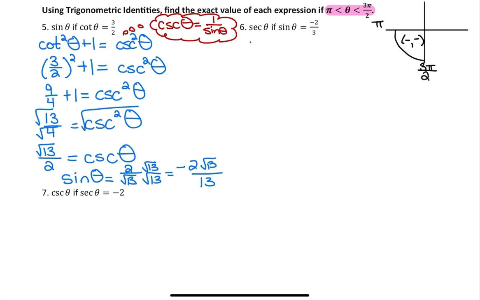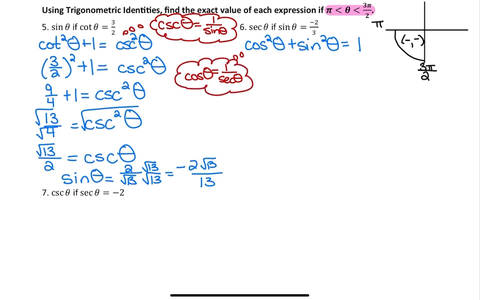That identity is cosine squared theta plus sine squared theta is equal to 1. The reason why it's helpful to relate sine to cosine if I'm really looking for secant is because cosine and secant are related. Cosine of theta is equal to 1 over secant of theta.